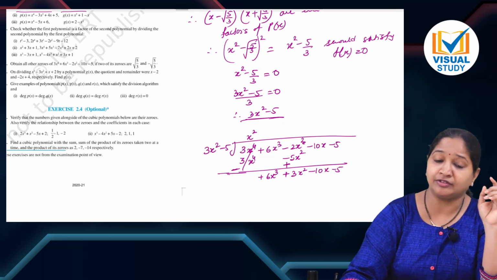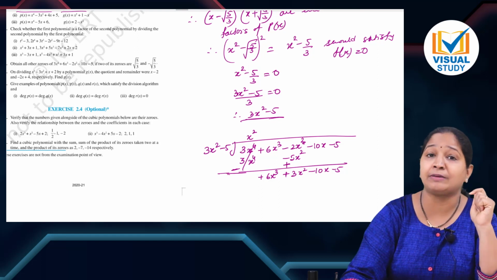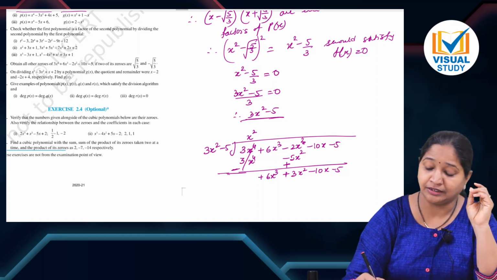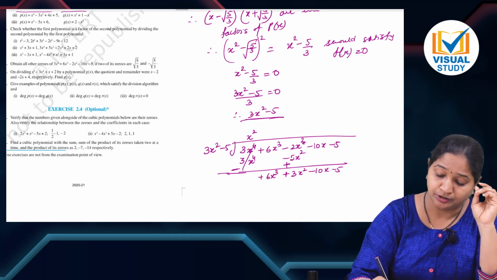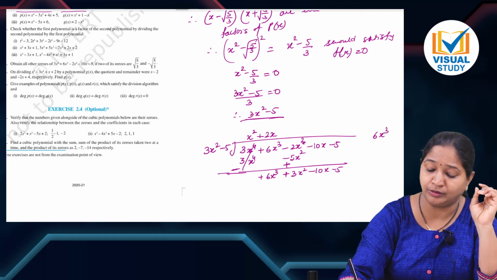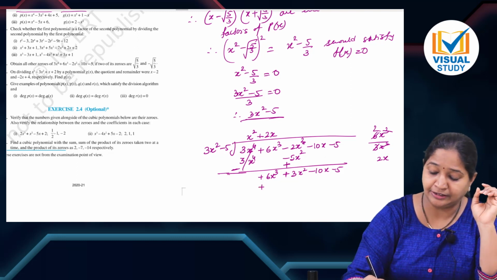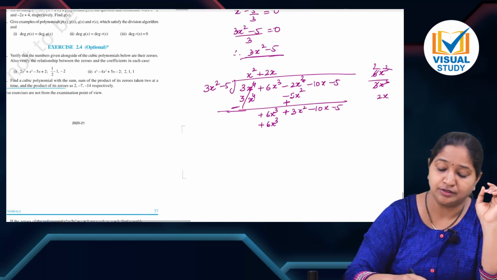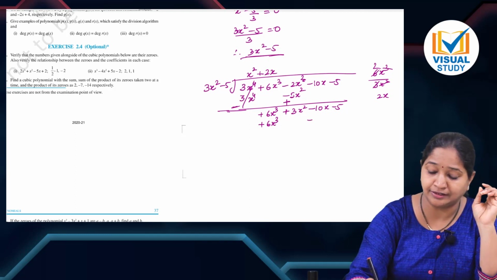Now what do you need? You need 6x cube, so you have to add plus 2x. See here, 6x cube divided by 3x square, you get 2x. That is plus 6x cube, and 2x into this is minus 10x.